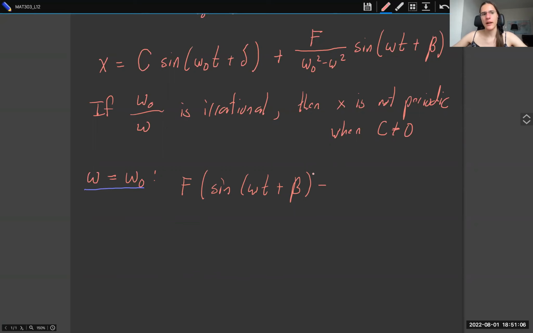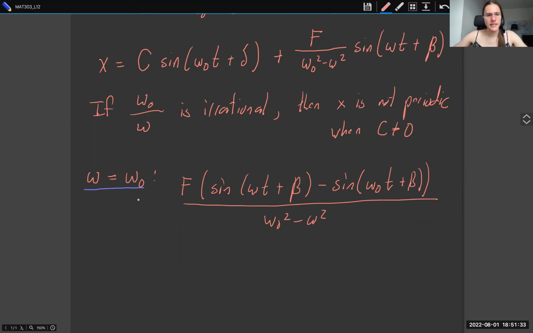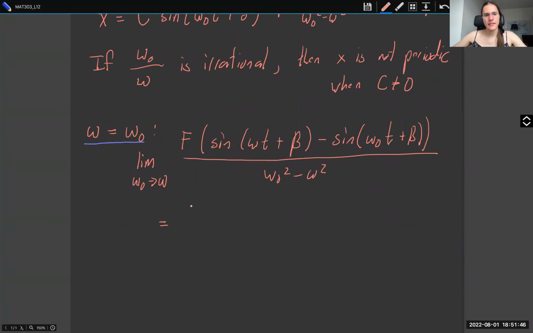So I'm going to choose c equals negative F. And then if I take the limit as omega naught goes to omega, then what this is going to equal by L'Hopital is F, and then I just take the derivative of this.